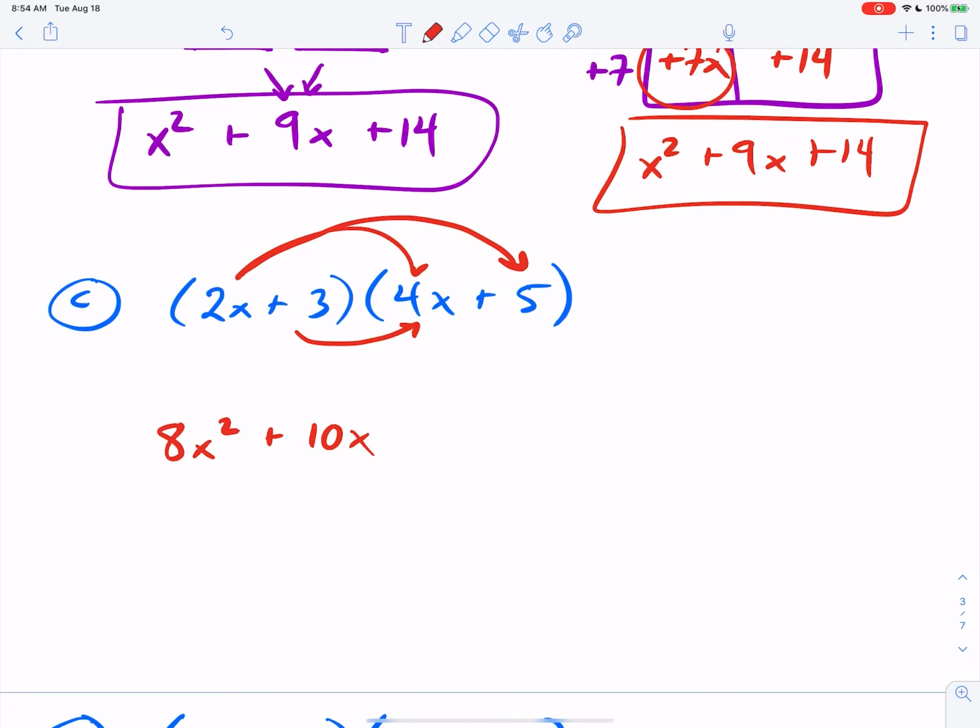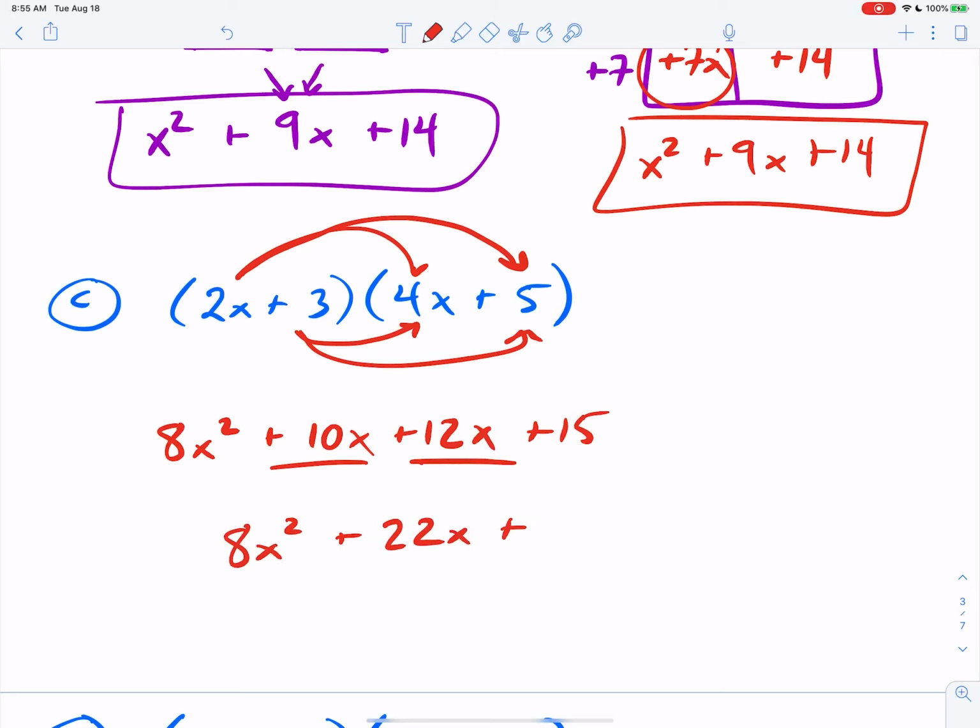Positive 3 times the 4x is a positive 12x. And positive 3 times 5 is a positive 15. Okay, if you did the area model, you should have gotten those 4 terms anyways, okay? Okay, so we can combine like terms here. So that's 8x squared plus 22x plus 15.